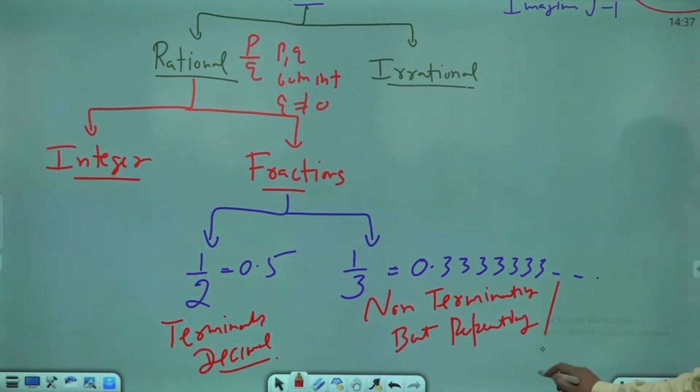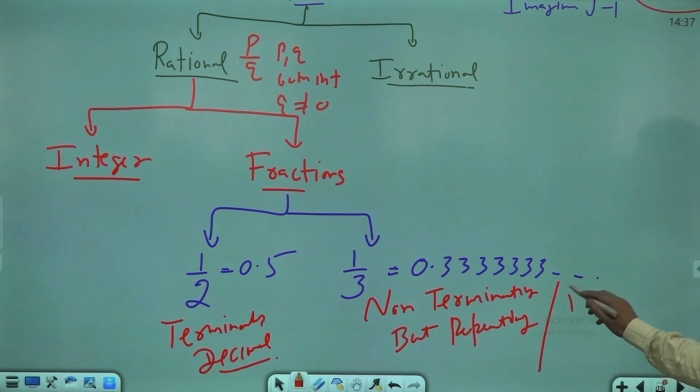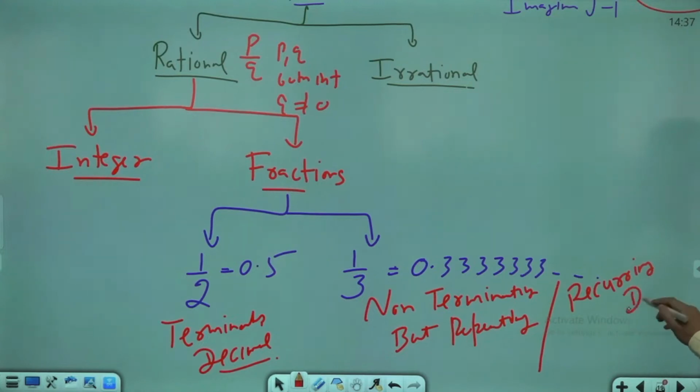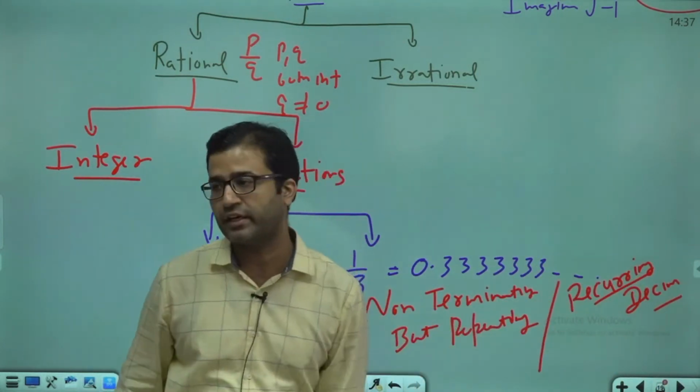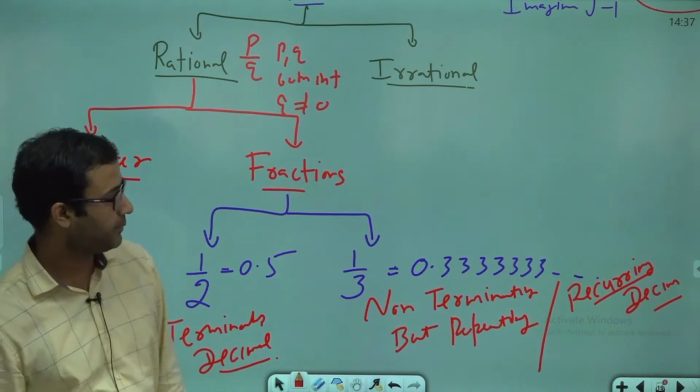And we also call this recurring decimal. Recurring decimal. 3 reoccurs again and again, so this is recurring decimal.